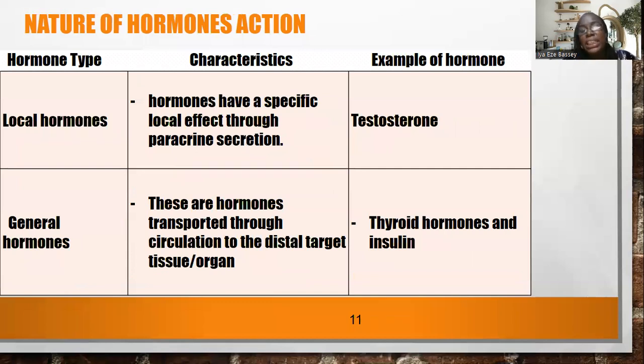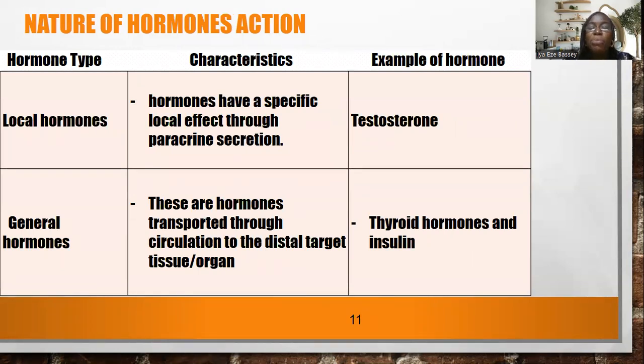Another interesting classification is the nature of the hormone's action. Does it work locally, or is it a general hormone? For the local hormones, these hormones have a specific local effect through paracrine secretion. A very important example would be testosterone.